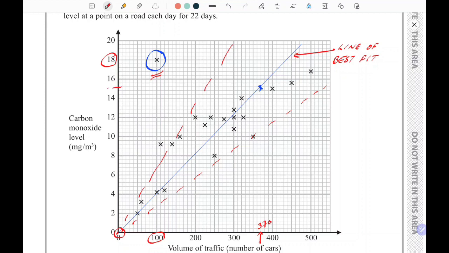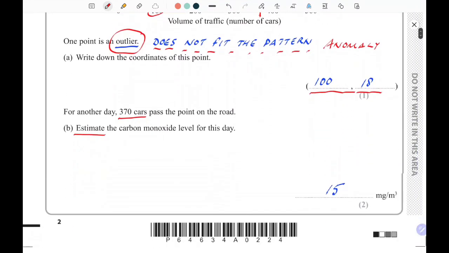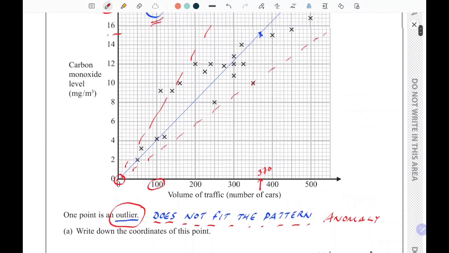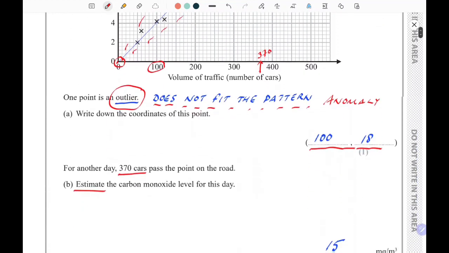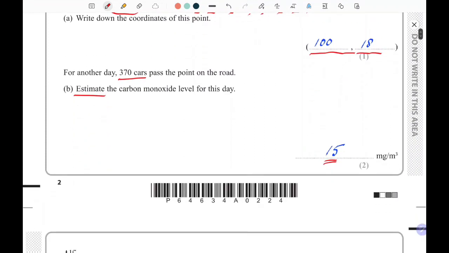I've read off 15 as my value, as an estimate. You could, I suppose, go in the range of somewhere between 14 and 16, which would be quite acceptable. The rest of that, I think, is probably self-explanatory.